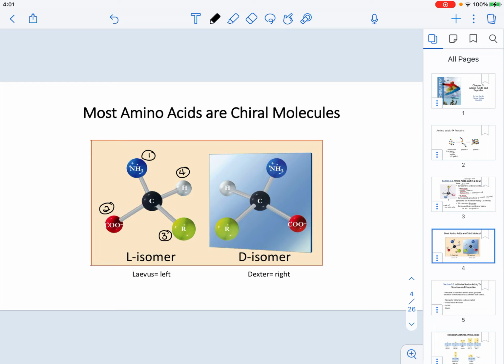So if we relate the D and L configuration of amino acids to R and S configuration, you can see that the L isomer, because our hydrogen is already pointing towards the back, is going to be counterclockwise. So the L isomer is actually the S configuration.